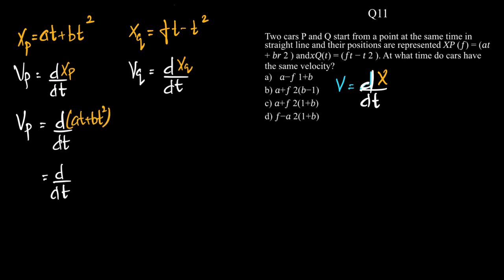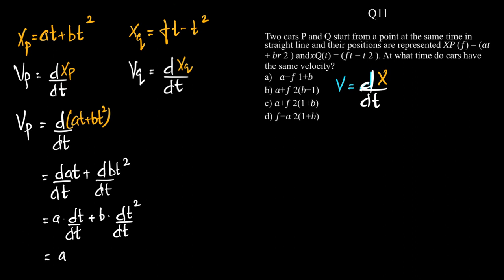This is d by dt of AT plus d by dt of BT square, which is equal to A into d by dt of T plus B into d by dt of T square, which is further equal to A plus, d by dt of T square is 2T, so this becomes 2BT. So VP is equal to A plus 2BT.